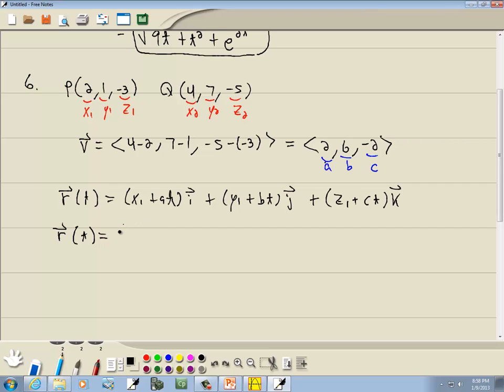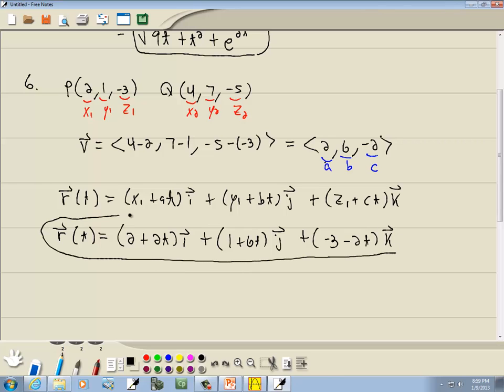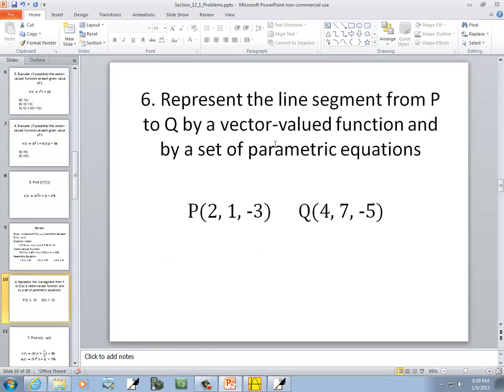So x1 was 2 plus a, which was 2, so we got 2 plus 2t i. And y1 was 1 plus bt, so plus 6t j, plus z1 was negative 3 plus c, minus 2t k. That's the first part, your vector valued function.